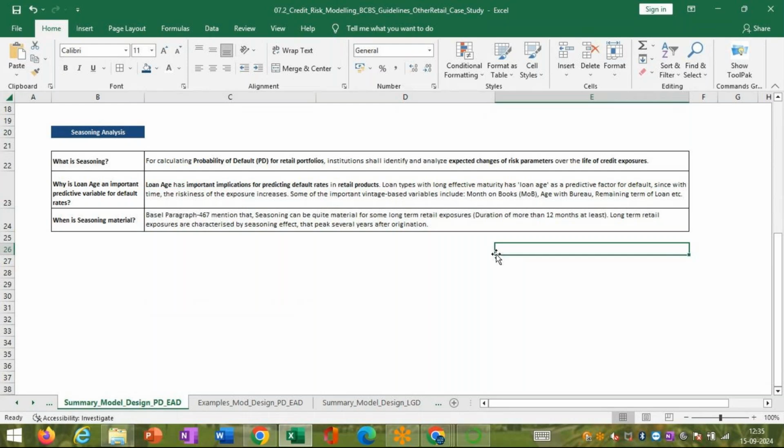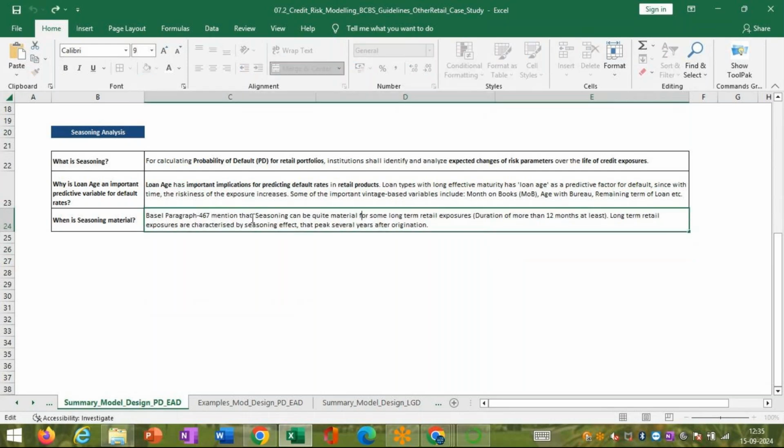So the seasoning can be quite material for long-term exposures, at least those with a duration greater than 12 months. Long-term retail exposures are characterized by a seasoning effect that peaks several years after origination.